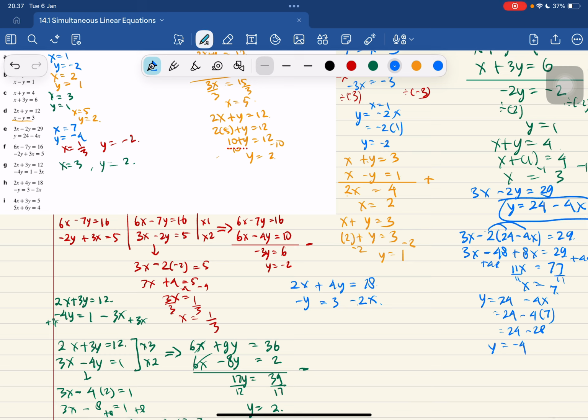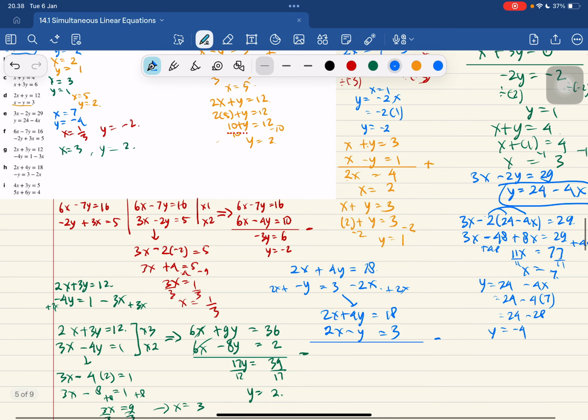Okay, so let's plus 2x both of sides. So we got 2x plus 4y equal to 18, and the second is gonna be 2x minus y equal to 3. Okay, we got the same variable here. So we just minus it. 2x minus 2x is zero.